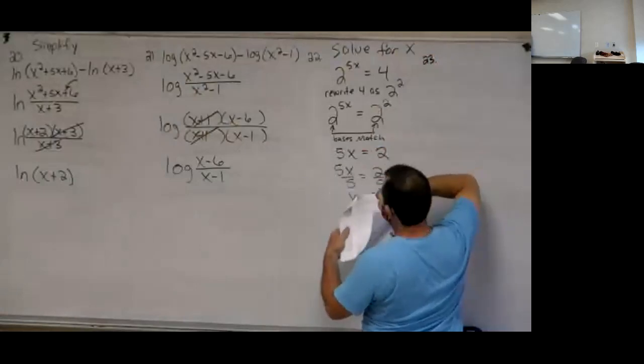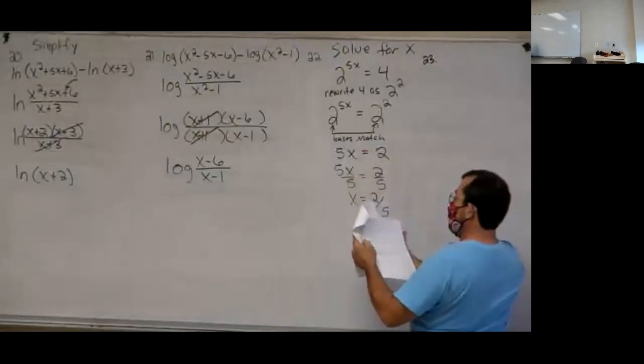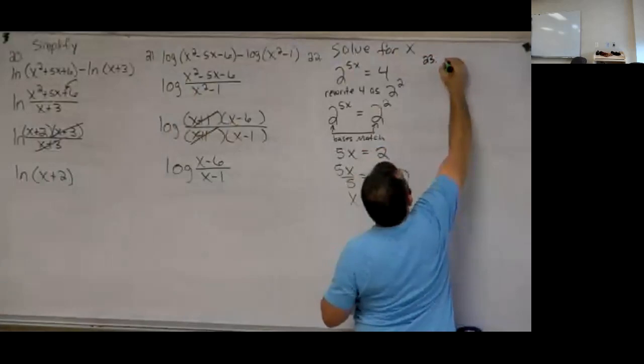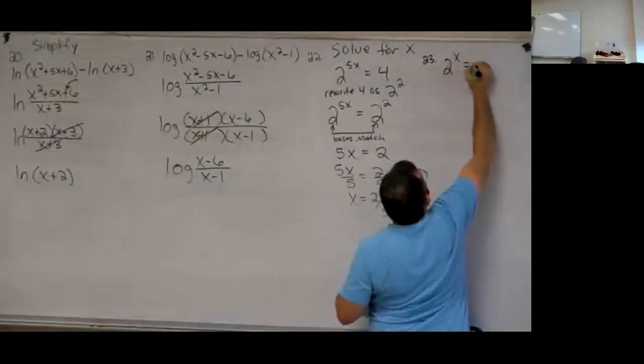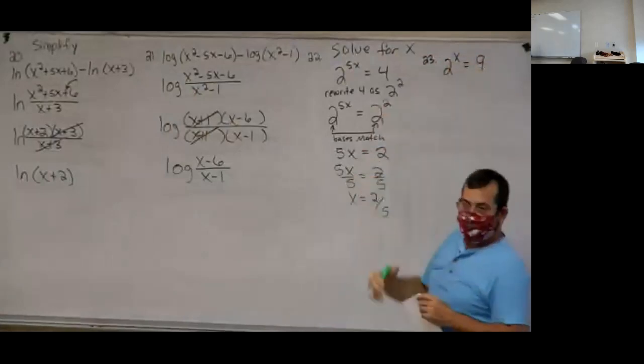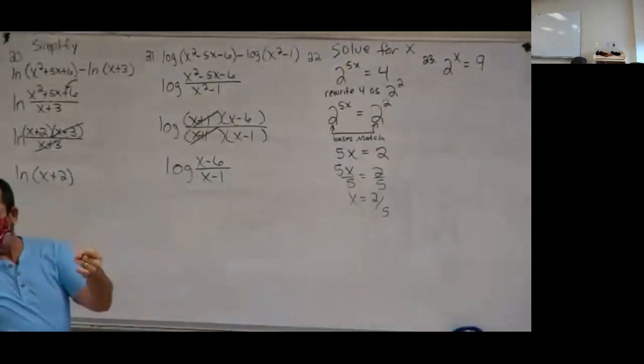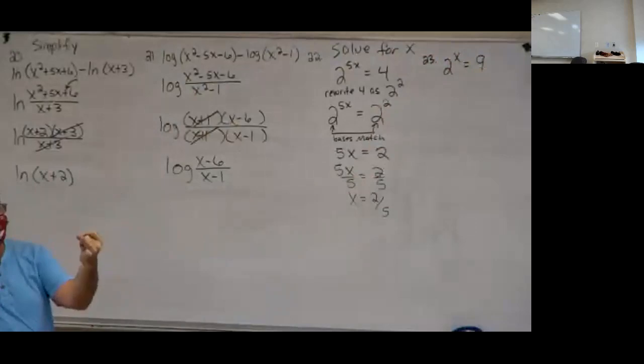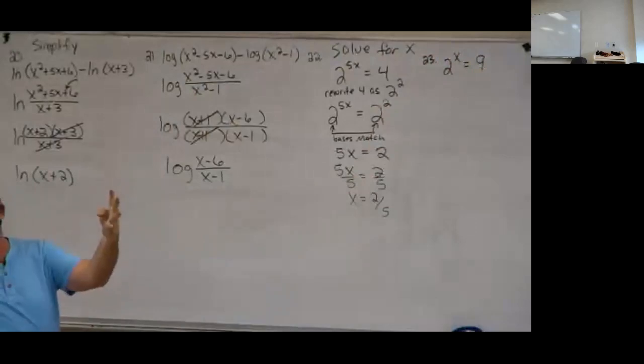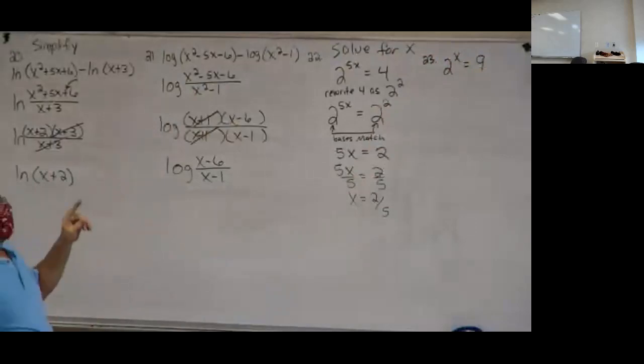So let me see, 23, I actually had 2 to the x equals 9. So you can't multiply 2 to get a 9. 2, 4, what's that, 8, 16? No way to do that.